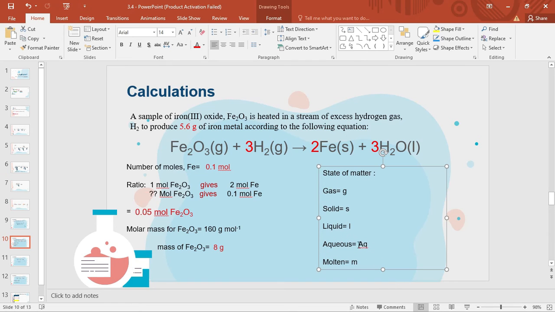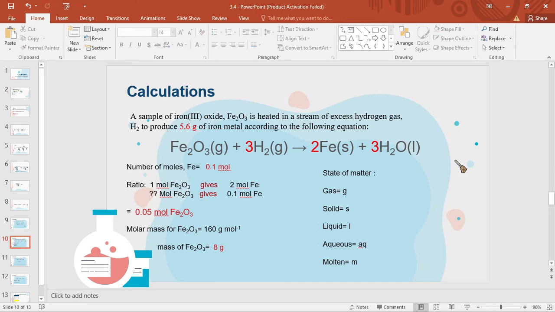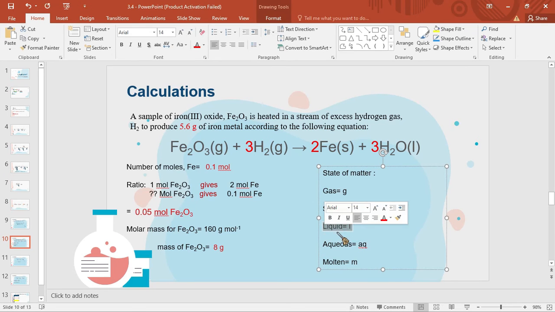States of matter is what form the substance is in, like H2O. H2O of course we see every day in the form of liquid.